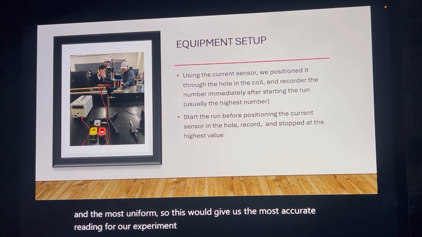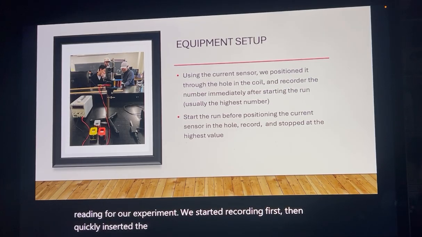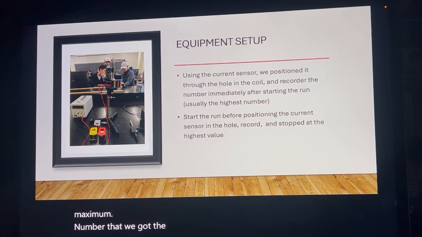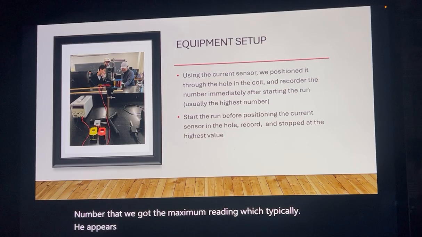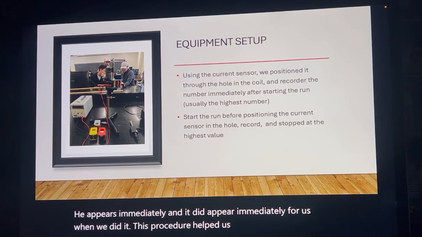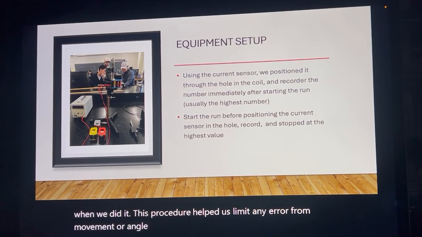We started recording first, then quickly inserted the sensor into the coil and wrote down the maximum reading, which typically appears immediately, and it did appear immediately for us. This procedure helped us limit any error from movement or angle or weird positioning changes.